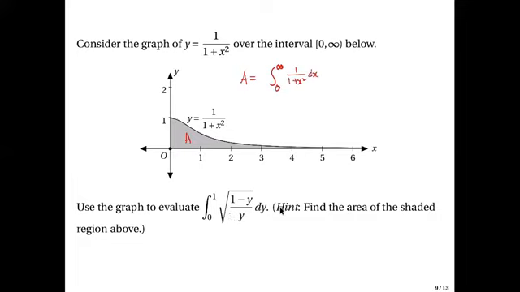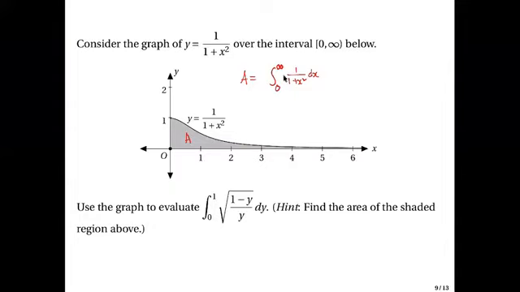Now, what we're going to do is to solve for x in terms of y, and then that's the one we will integrate. Okay? So notice, as x approaches infinity, the value of y will just be 0. And as x goes to 0, y is just 1.